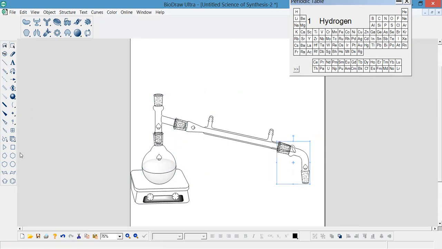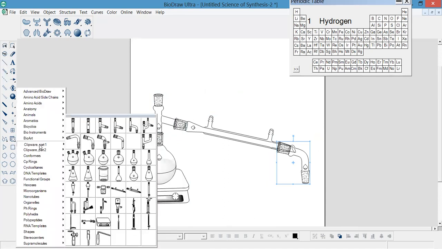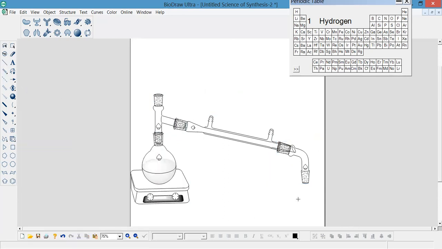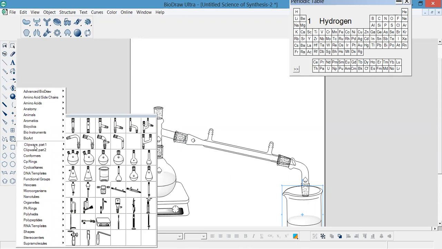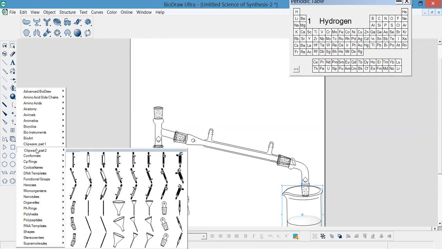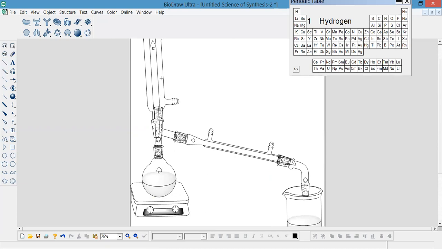And now, after distillation, this comes to the beaker. Put it down here, the beaker. There is a liquid, and for that, we can add a vertical condenser to this for continuous refluxing.